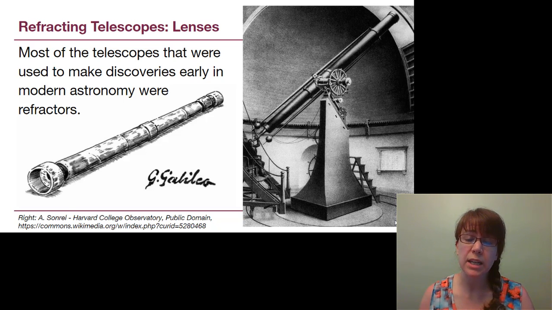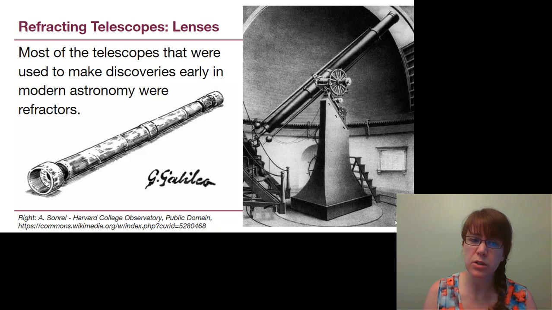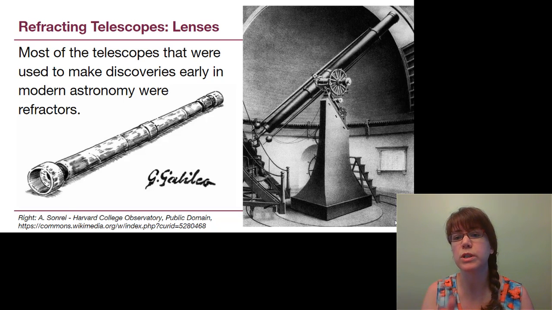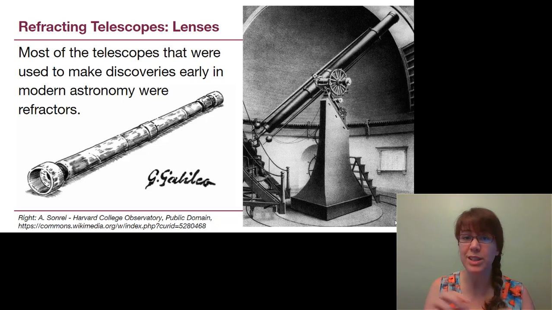These telescopes can get very big. Refracting telescopes, because of having to have that light come to a single point, the bigger you make the lens, the longer your telescope has to be, and so you get these incredibly long tubes that are needed because of the distance it takes for that light to come to a point to be able to make an image.